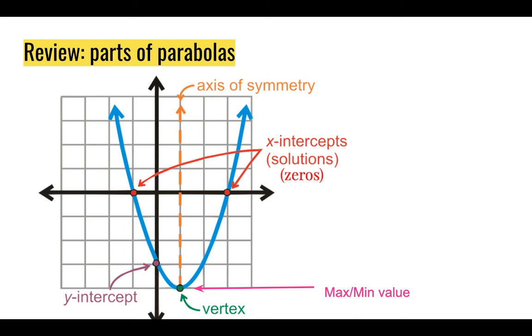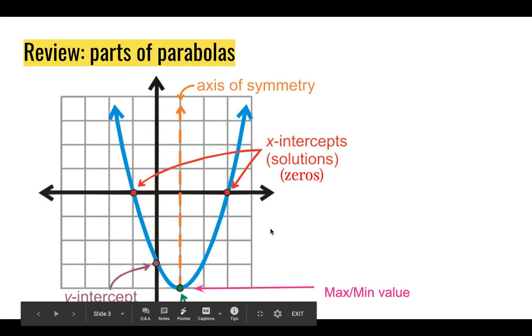Okay. And the axis of symmetry is the x value of the vertex. That's the line, it's a vertical line that splits the parabola directly in half. And the maximum or minimum value is the y value of your vertex.